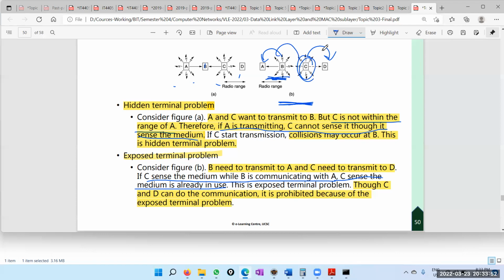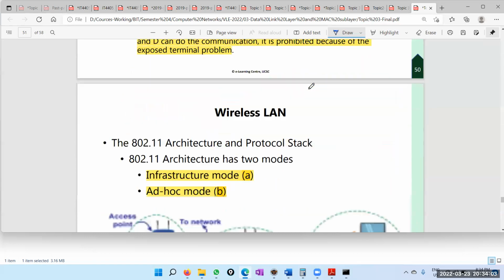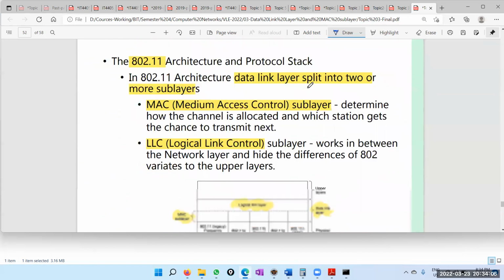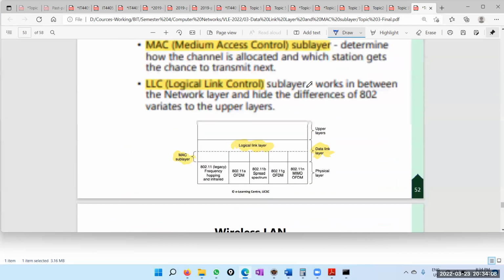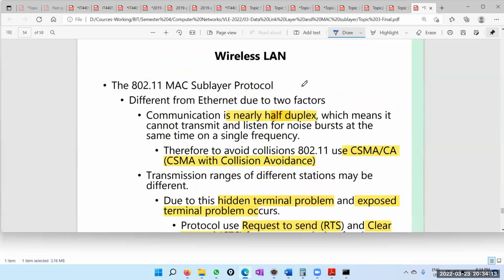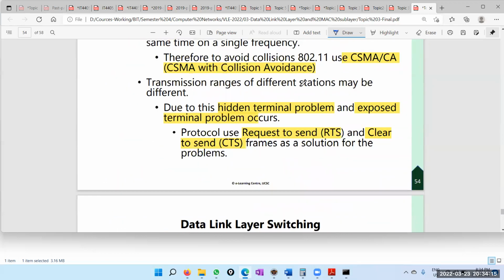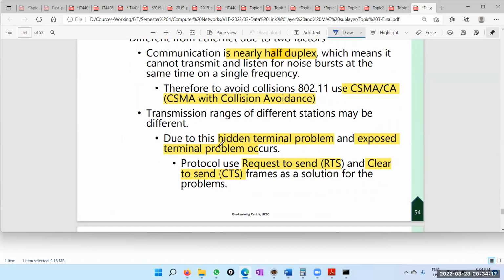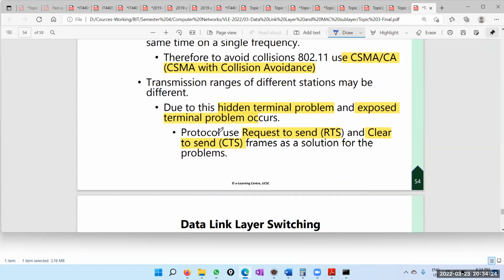Okay, because when the bandwidth is available, still you are not communicating because you feel like the medium is busy. So that is called the exposed terminal problem. Here they have not mentioned a solution for that, but the examiner has asked what the solutions are. Maybe it's there, right? You can see the problem solutions I have mentioned.